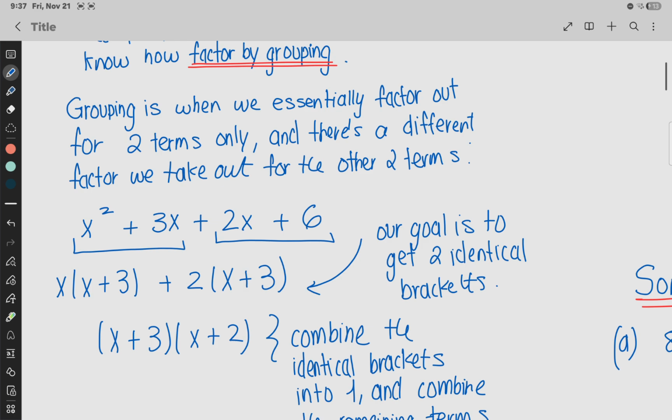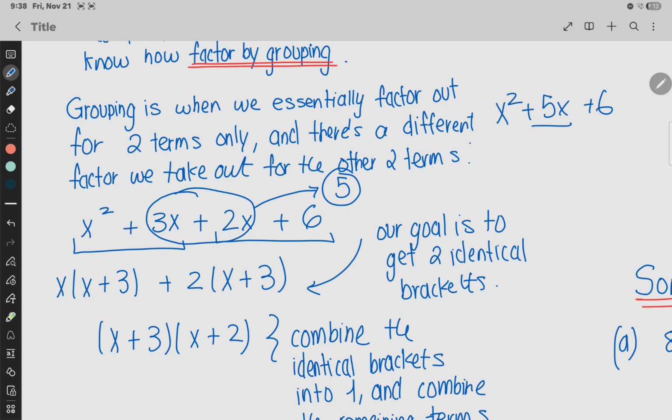We have an example here: x squared plus 3x plus 2x plus 6. The bx term breaks down into 2 and 3, which means the original b term would be 5. So the original equation is x squared plus 5x plus 6, and the b term decomposes into 3 and 2.